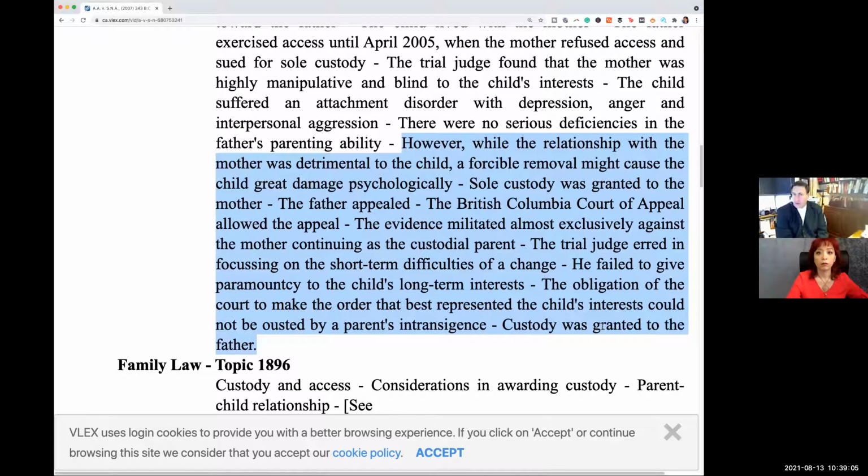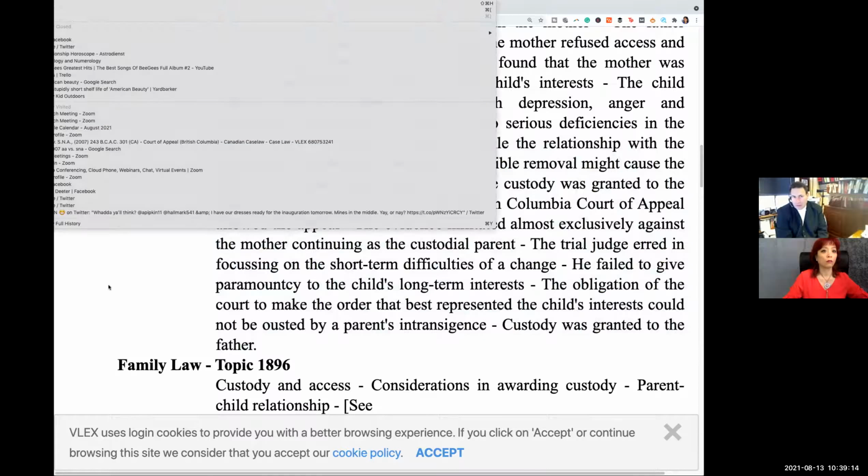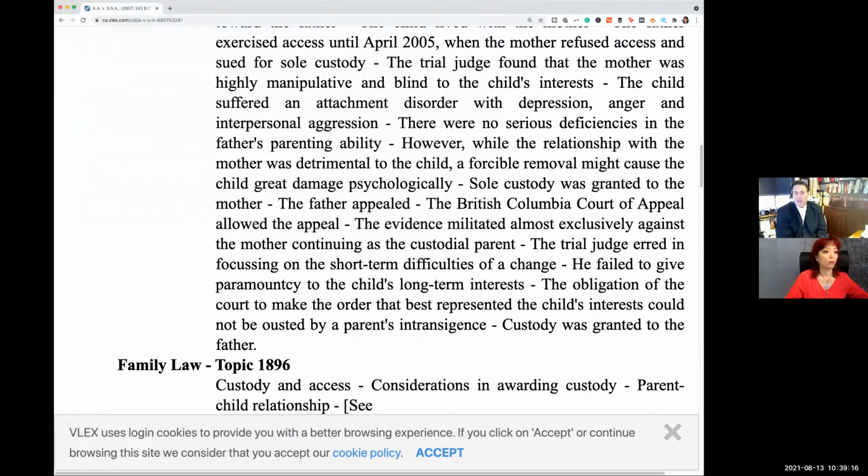So here you have two different countries, human beings, family law litigation, and the issues and principles are the same. And I would bet anything that this British Columbia decision was not put before the Court of Appeal for England and Wales.